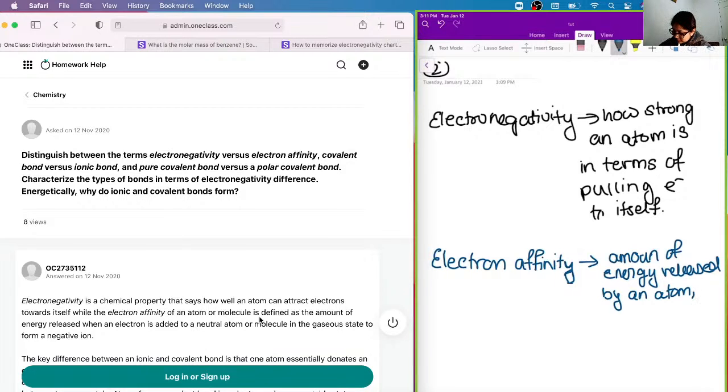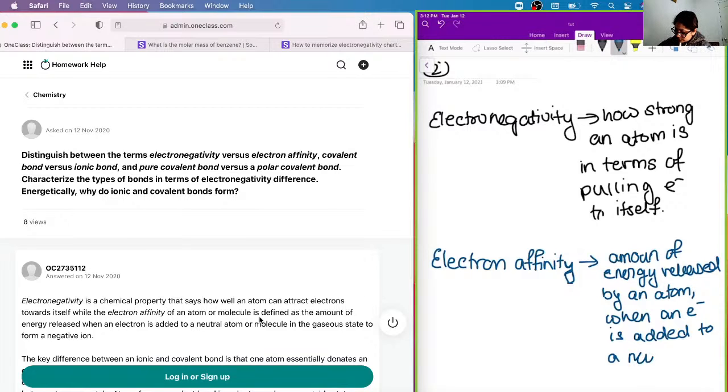So as you can see, electronegativity and electron affinity are two different things. So added to a neutral atom.